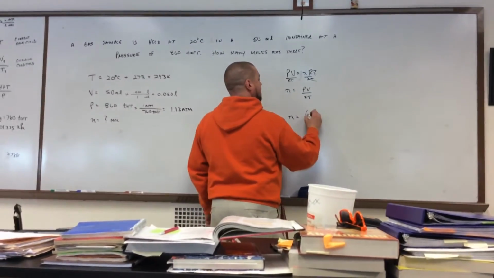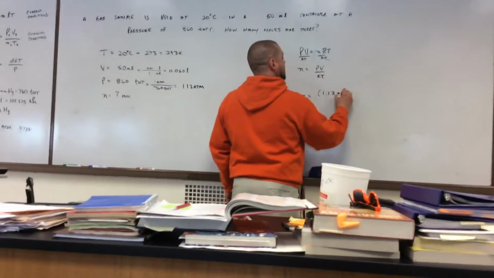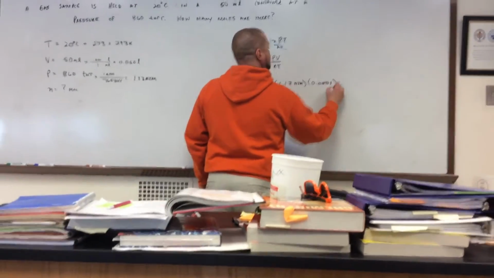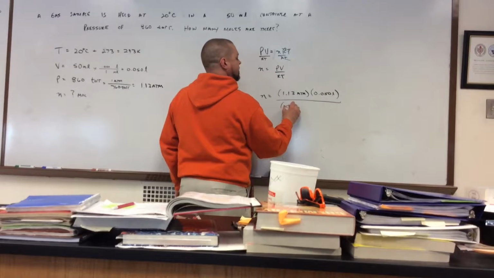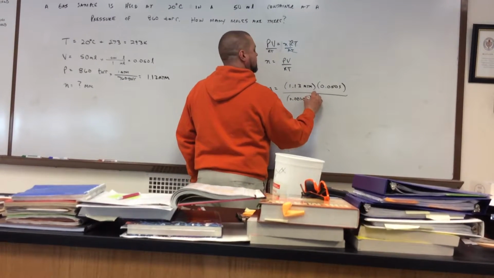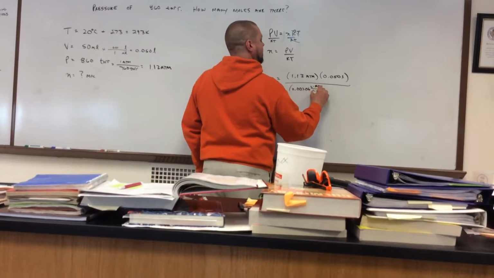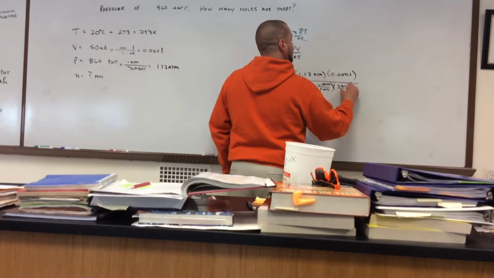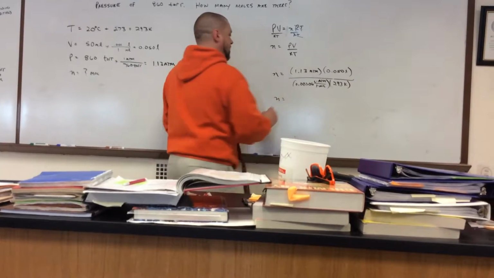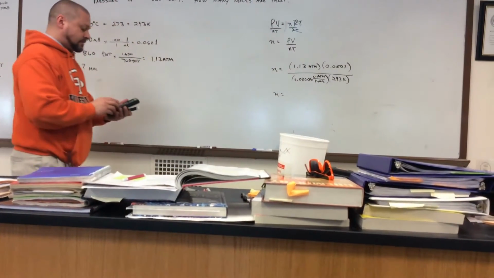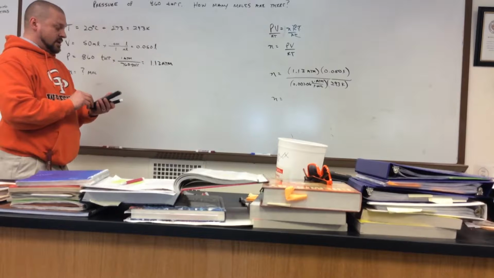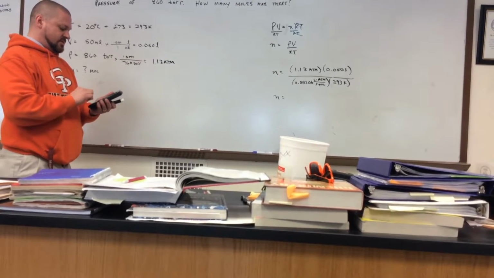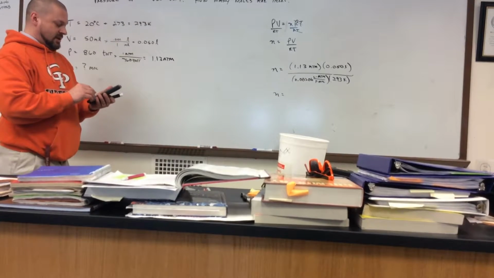n equals the pressure of 1.13 atm, volume is 0.050 liters, R is 0.08206 liter atmosphere per Kelvin mole, temperature 293 Kelvin. So n equals 1.13 times 0.05 divided by 0.08206 times the temperature.